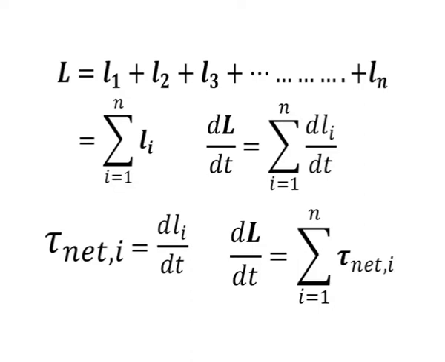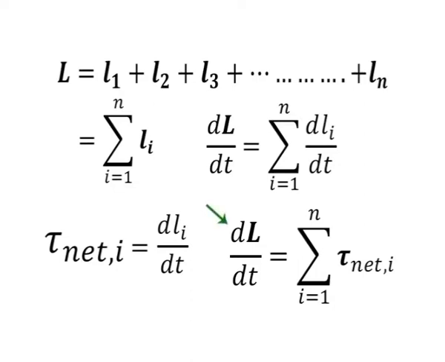Thus, the only torques that can change the total angular momentum of the system are the external torques acting on the system. Now, let τ net represent the net external torque, the vector sum of all external torques on all particles in the system.